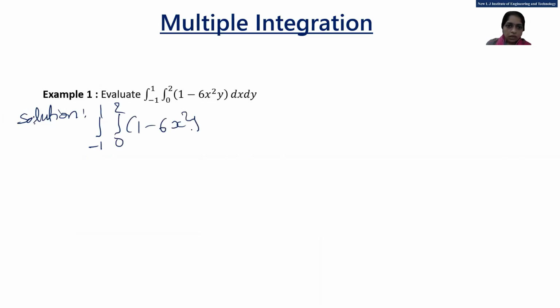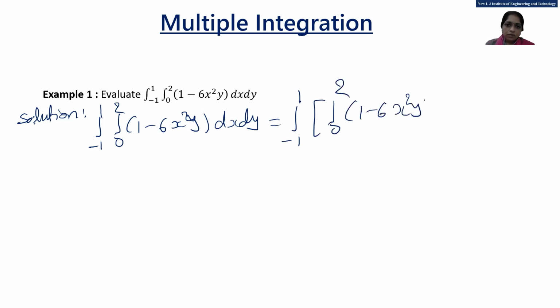As per the rule, if all four limits are constants, you may do the integration first with any variable. Okay, so I'm doing the integration first with respect to x. So here -1 to 1, now 0 to 2, 1 minus 6x square y dx dy.